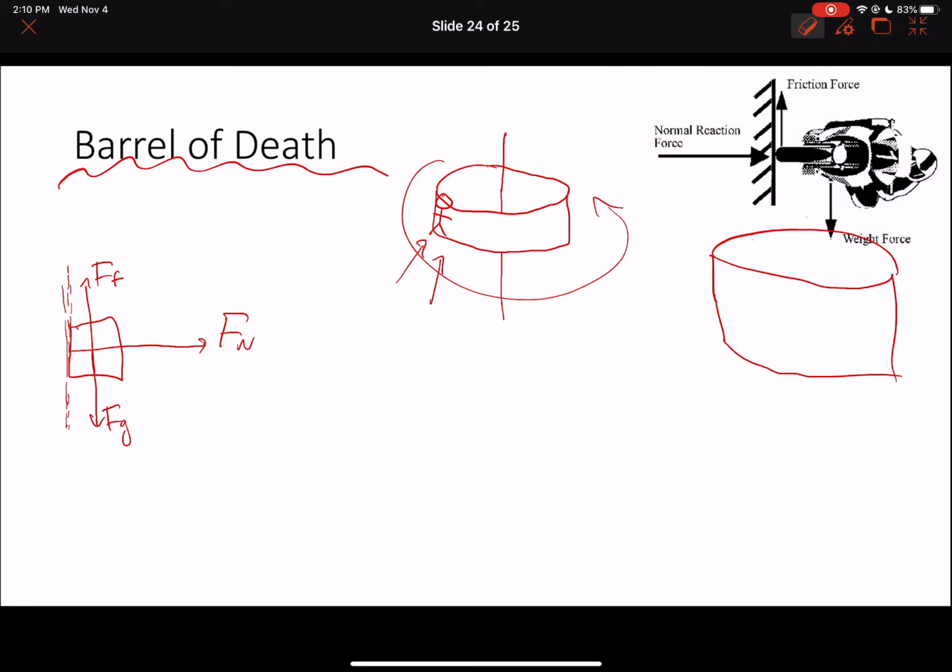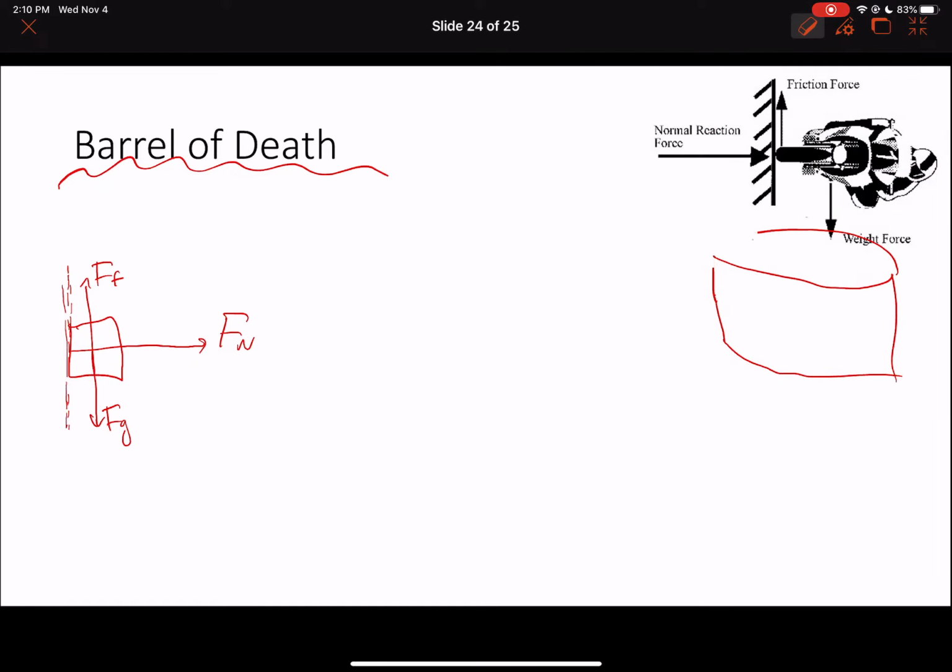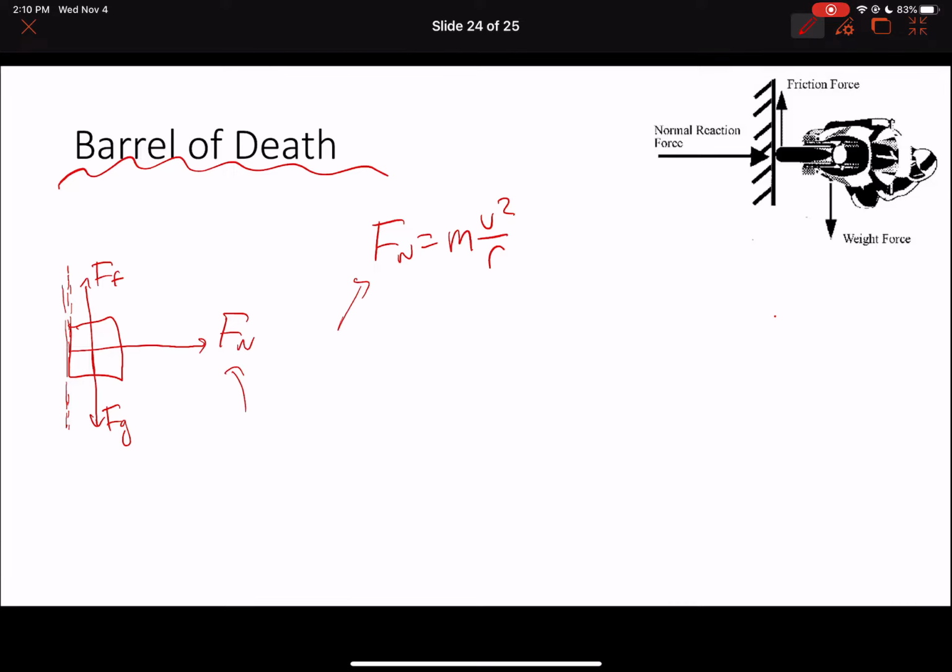And so when we write the equations for this one, we're going to have that the normal force is our centripetal force. So we're just going to use the centripetal force equation. But instead of putting Fc, we're going to put the normal force because that's what's causing our rotation. And then we're also going to have that the frictional force is equal to Fg.